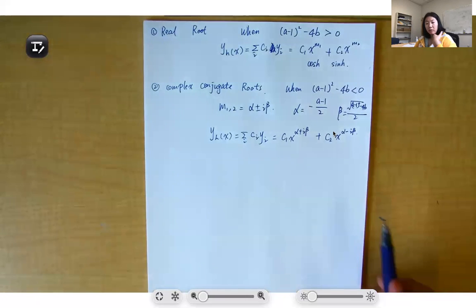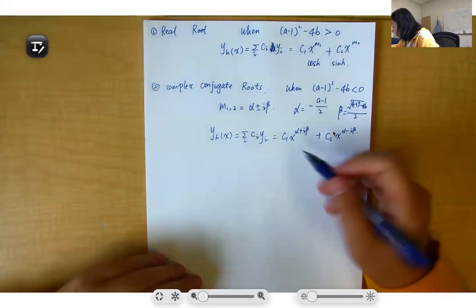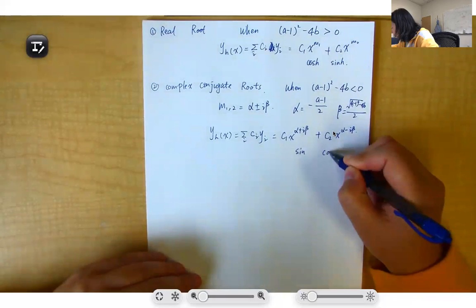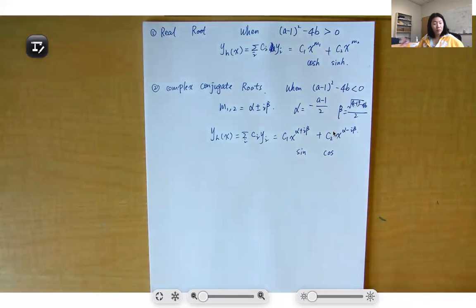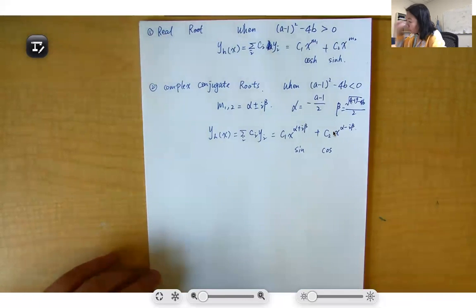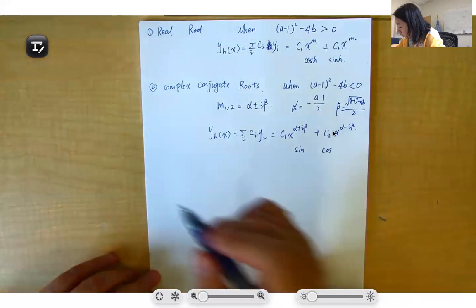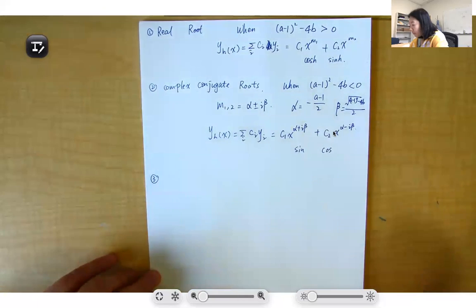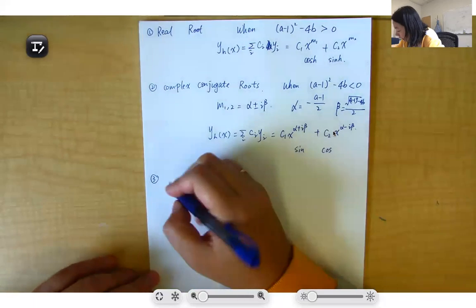And you know that you can write this form as a sine or cosine function. It is easy to imagine what the physical plot is. You can try to derive in that sense as well, but we won't extend in detail in this class. You can refer to the previous note on the constant coefficient. The third one will be the repeated root.